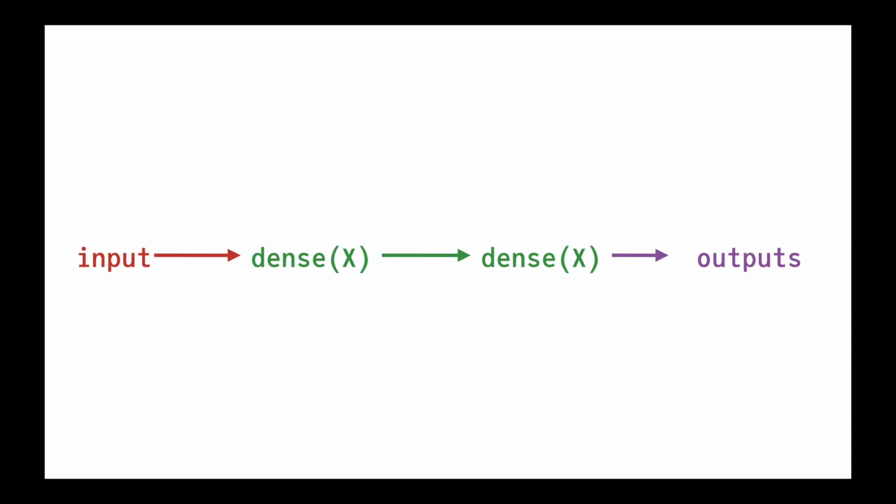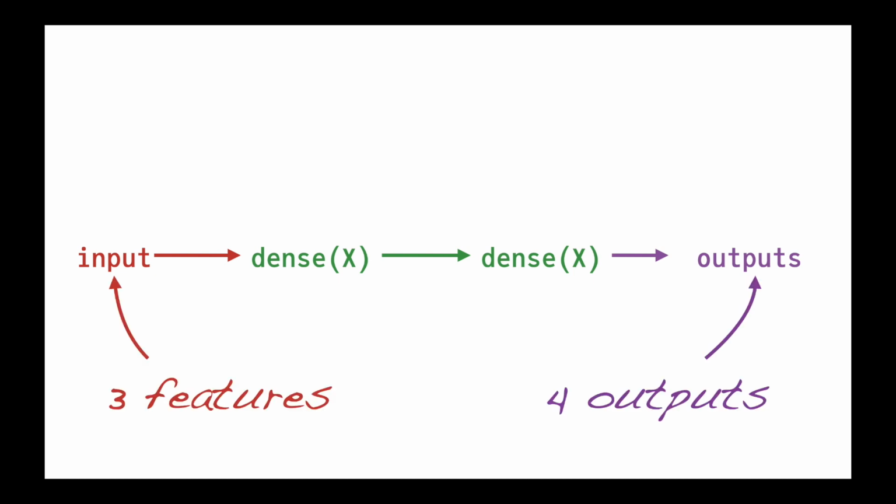What do I mean by inputs and outputs? Well, we've already determined that the input has a number of features that's represented by rows, and the outputs have a number of outputs that are also represented by rows. And the input features might be things like divisible by 3, divisible by 5, and divisible by 15.